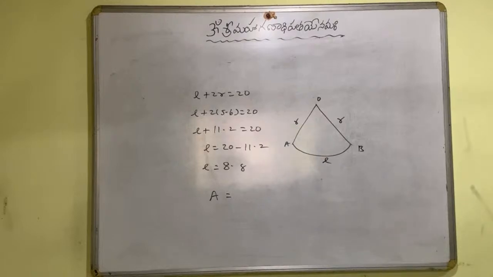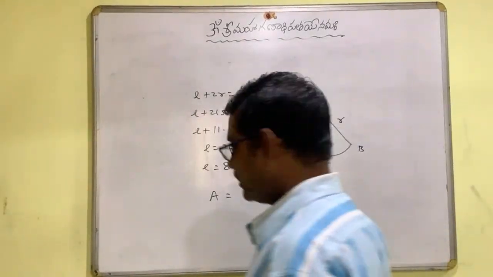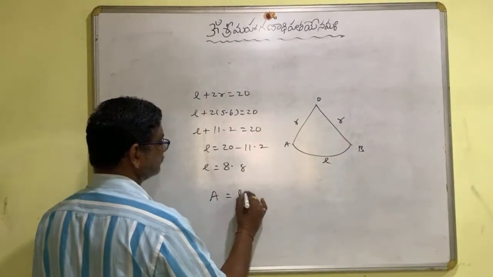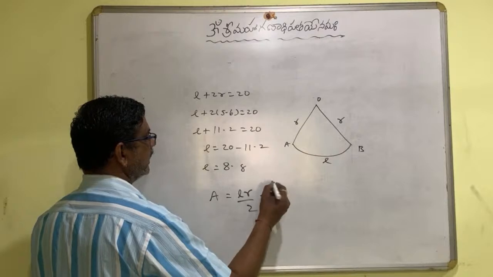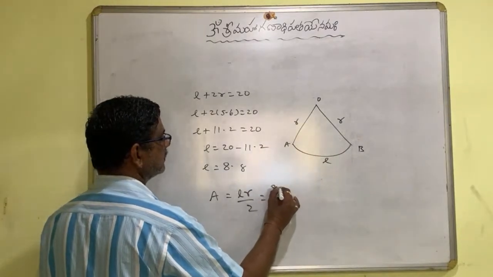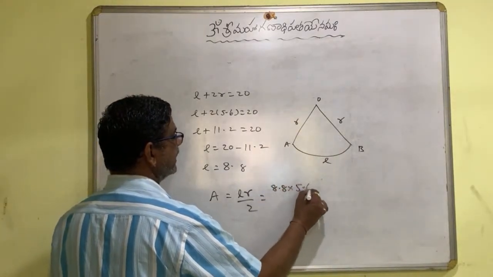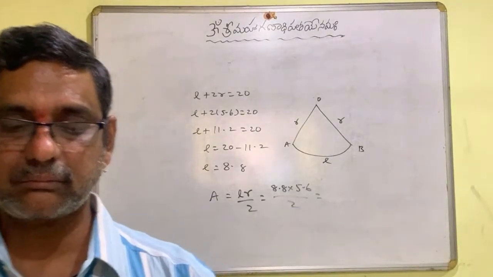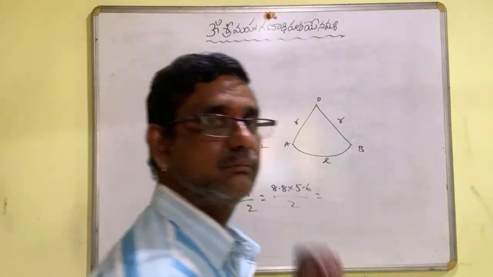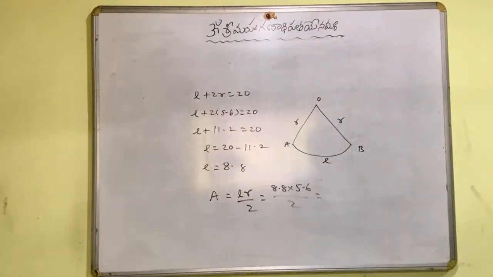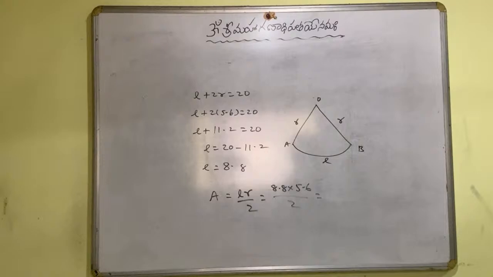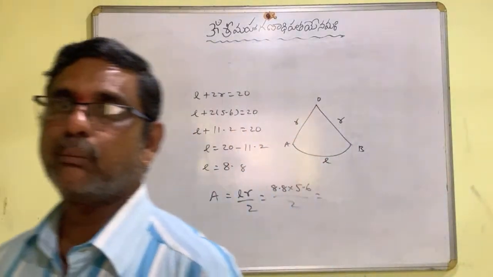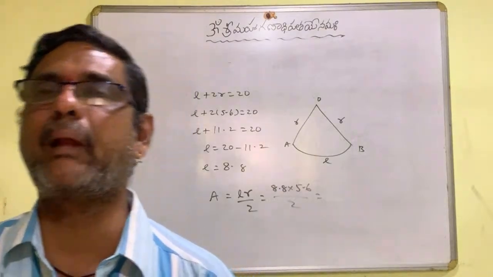Area is LR by 2. LR by 2. L is 8.8, R is 5.6 by 2. So a new problem.